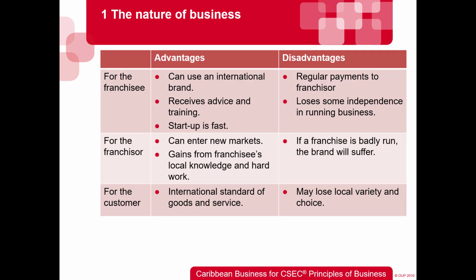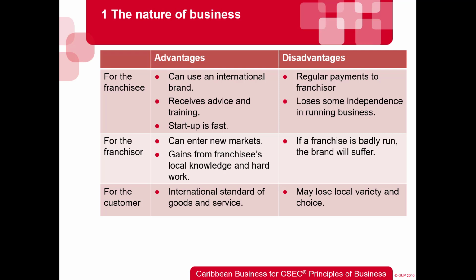Next, you receive advice and training. After you have paid your money and signed a contract, you are going to get advice and training from the franchisor. The franchisor is going to advise you as to how the place should be laid out, how the chicken should be cooked, how the logos should look, how the menus should be designed. They're actually going to train you in the ways of how they do business.